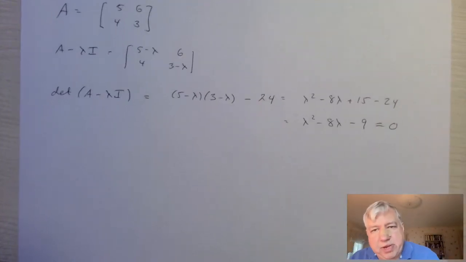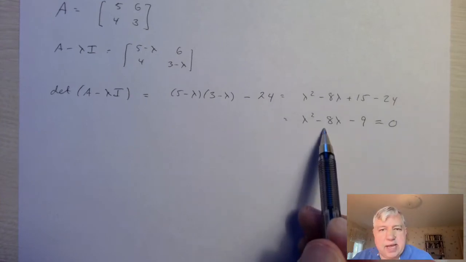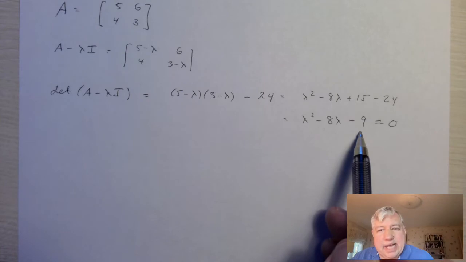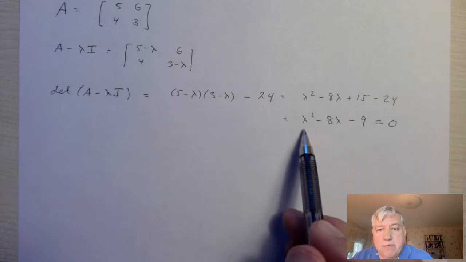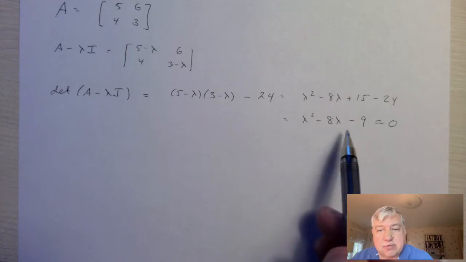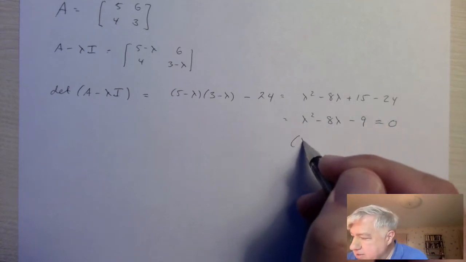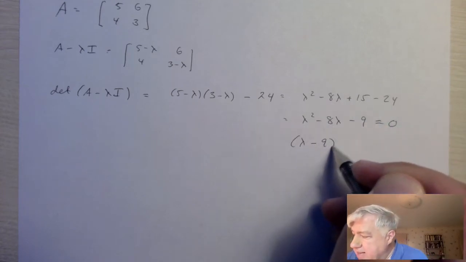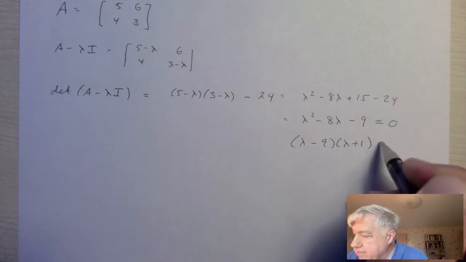Like in the previous example, we have a quadratic equation, and we can use the quadratic formula if we want, where a is 1, b is minus 8, and c is minus 9. Or in this case, you can see it factors relatively nicely: lambda minus 9 and lambda plus 1.